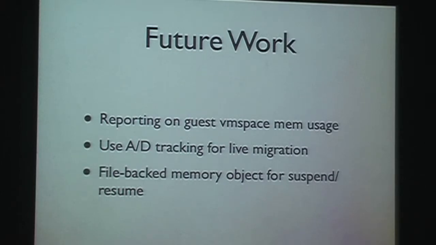The access and dirty bits that we have on the EPT entries can be used for implementing live migration. Basically, what you want to do for live migration is move memory from a guest operating system from one host machine to another host machine. The classic algorithm is that you just do a loop through all memory.